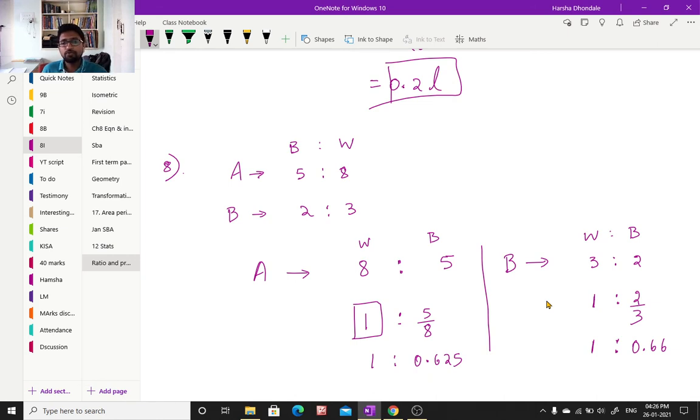Okay, for 1 unit of white paint, the amount of black is 0.625. Here it is 0.66. So which has to be dark? B has to be dark, because 0.66 is more than 0.625.